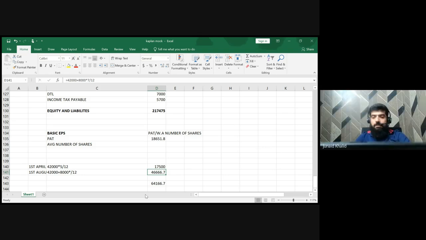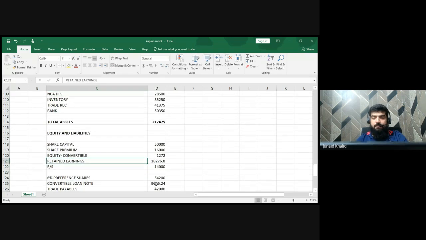Yes. So this is the weighted average number of shares we have. And now we are going to divide and calculate the basic EPS, that is profit after tax divided by this. So $0.29 is the basic EPS.